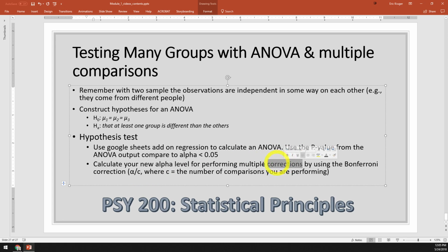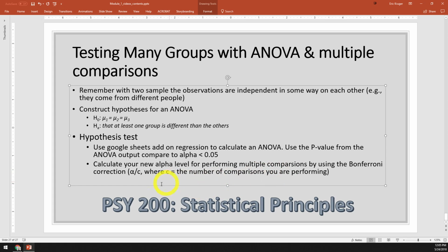The other thing we're going to want to consider is that we want to calculate a new alpha level when we're performing multiple comparisons, not corrections, comparisons, by using the Bonferroni correction. So multiple comparisons are basically, and this will become more clear, if we're doing an ANOVA, we're comparing three different groups here in this case of this hypothesis, and let's say we get a significant p-value, so we reject the null, that one of these groups is different.